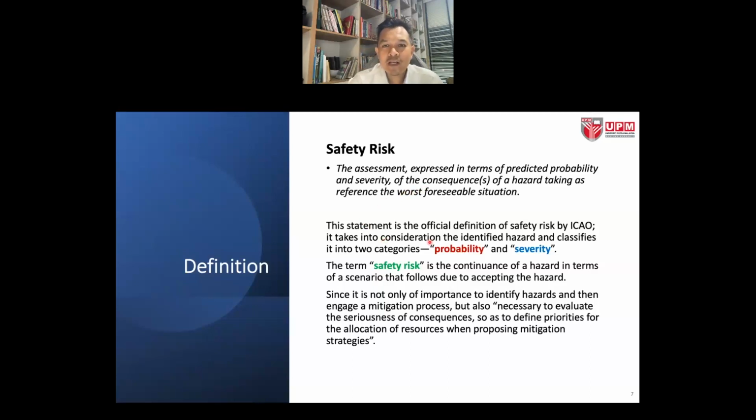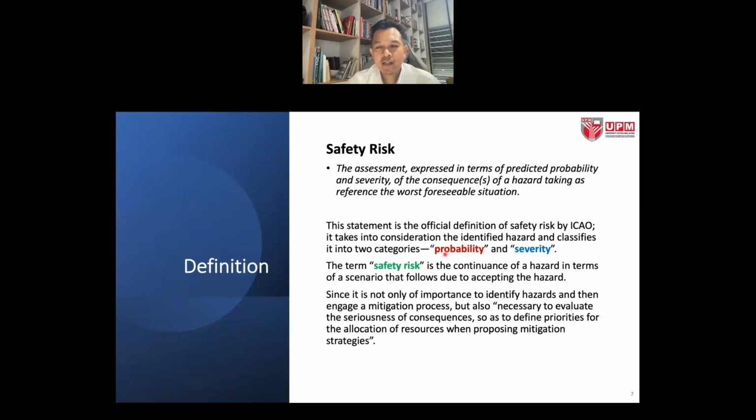So this statement is the official definition of safety risk by ICAO. It takes into consideration the identified hazard and classifies it into two categories. One is probability and the other one is severity.